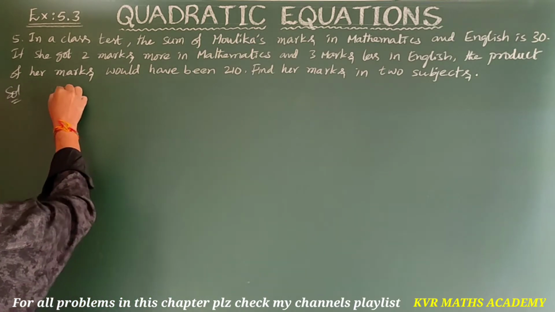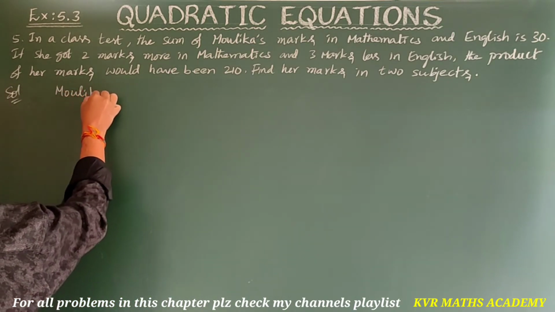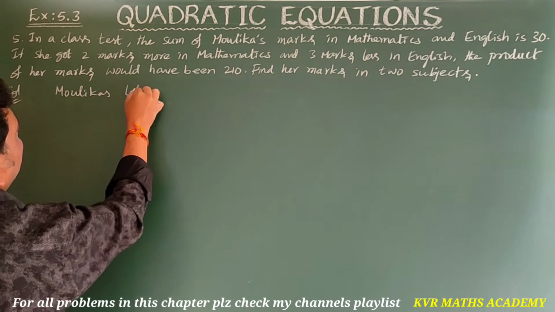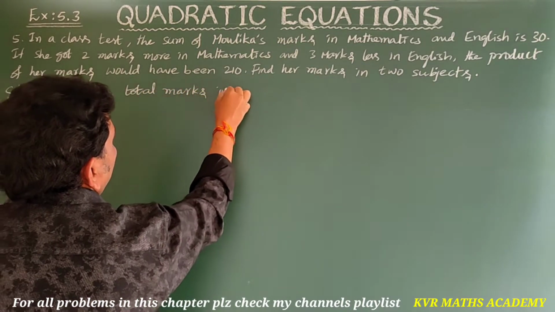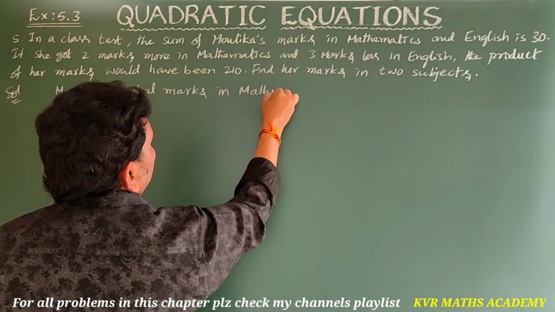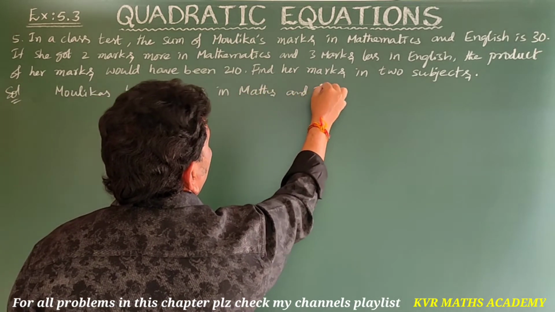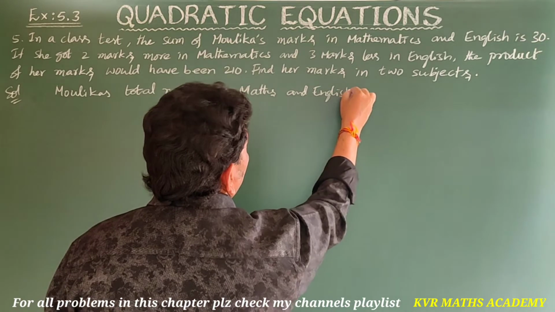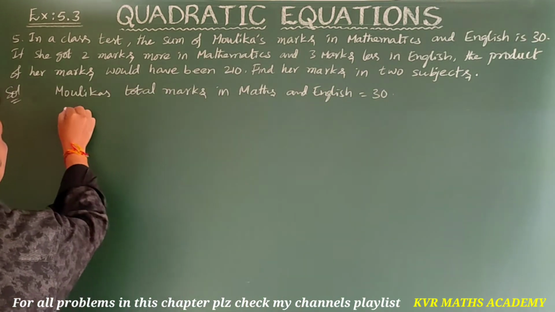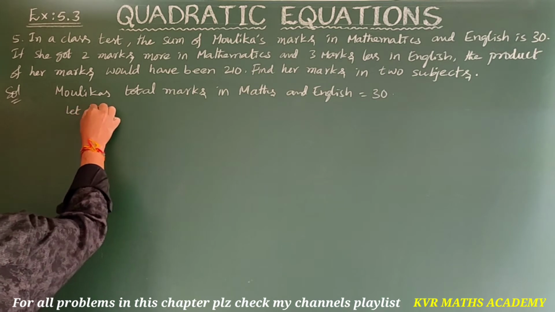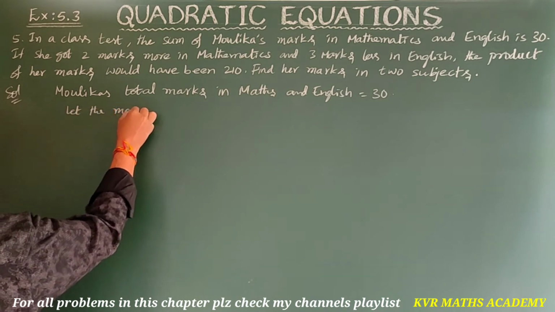Maulika's total marks in maths and English is equal to 30.